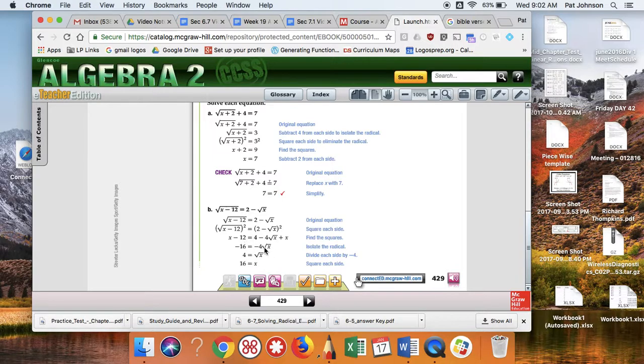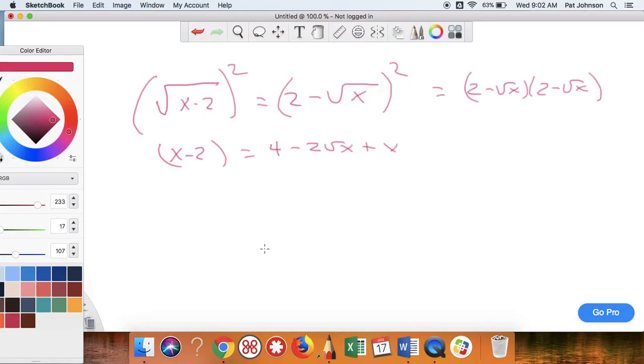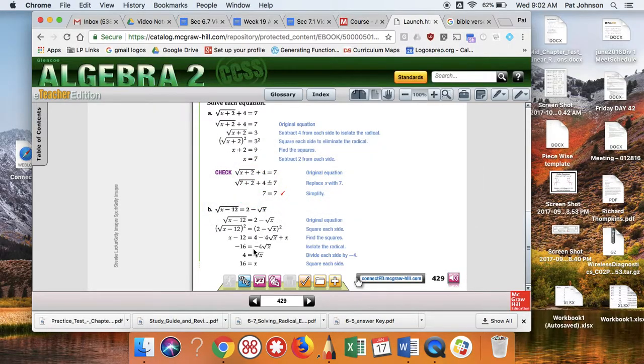If you notice here, if I minus x from both sides, this goes away, right? And then I'll minus 4 from both sides, and I get minus 6 equals minus 2 square root of x, or 4, sorry.